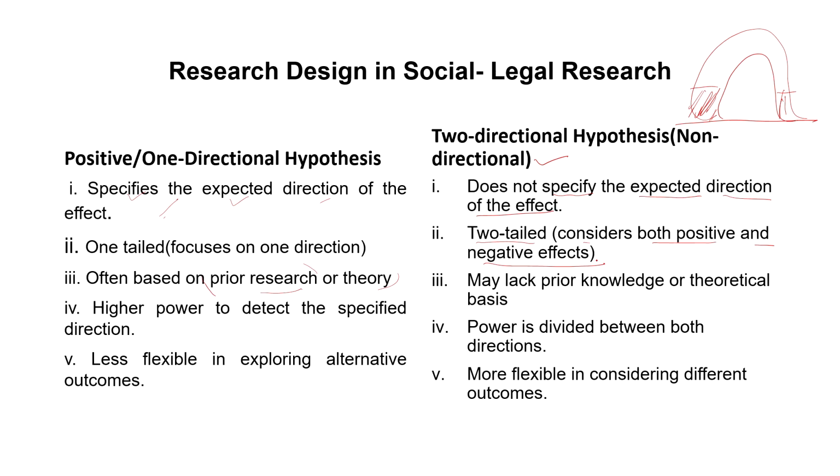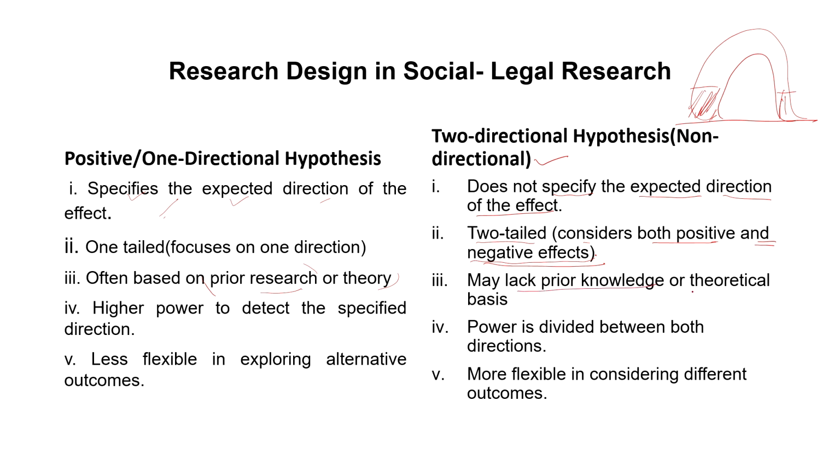So, the possibility is that if the student studies for 4 hours per day, it increases the chances to get maximum marks. So, the two-tailed hypothesis considers both positive and negative effects.